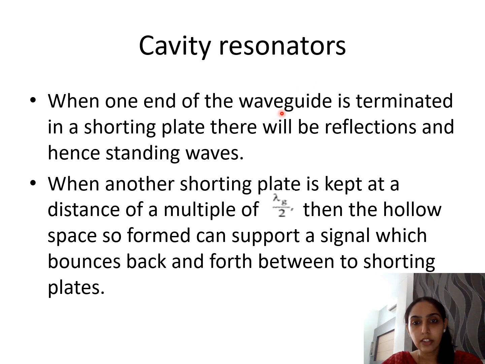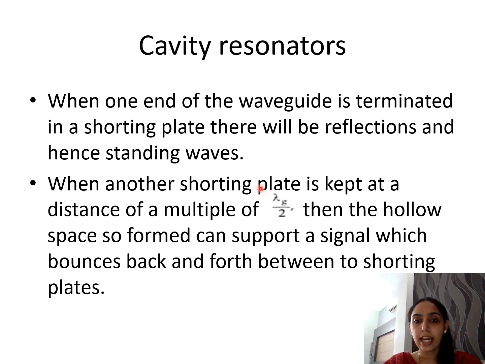When we consider a waveguide and terminate it, there will obviously be reflection and standing wave production. So when we keep a shorting plate at a distance of multiples of lambda g by 2, the space formed will support a signal which reflects back and forth between the shorting plates.